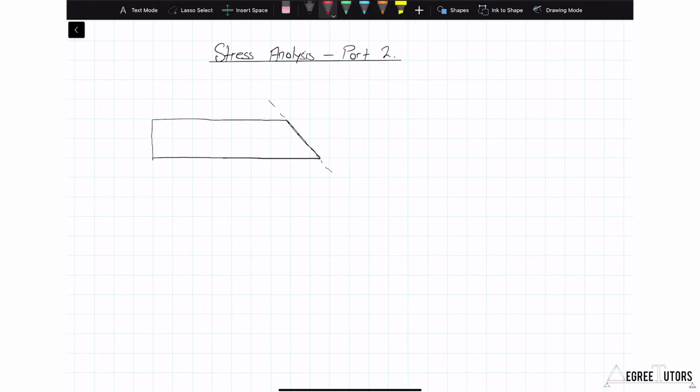An outward pointing normal from that cut surface, perpendicular to the surface, would be like this. Our horizontal x-axis would remain like so. And now the big question is, if I know theta, can I work out the normal stress that develops on this inclined face, and the shear stress that develops on this inclined face? That's what this lecture is all about.